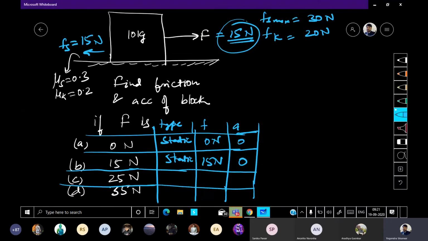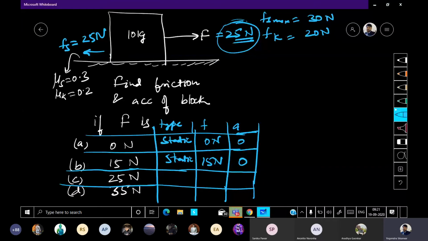Now in the next case, when this F becomes 25 Newton, everyone please pay attention. Again, a message will be sent, sir, this time the force has been increased. Static friction asks how much it has become. Sir, 25 Newton. Then static friction asks how much we can exert to stop the block. Sir, 30 Newton we can exert. Okay, apply 25 Newton. Block should not move.